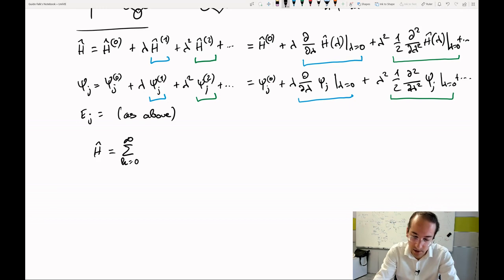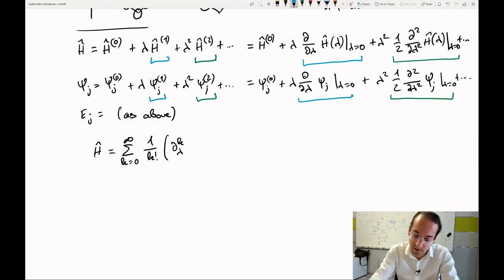No, it's 0 because we need the 0th order derivative. And this is then 1 over k factorial of the kth order derivative, which I will now write in this shorthand notation.